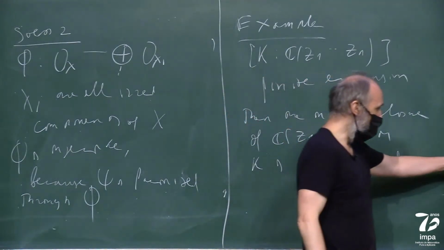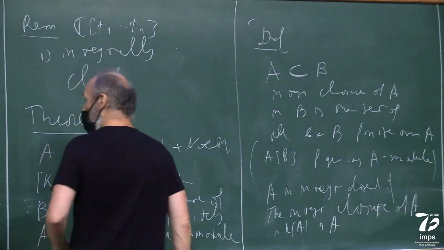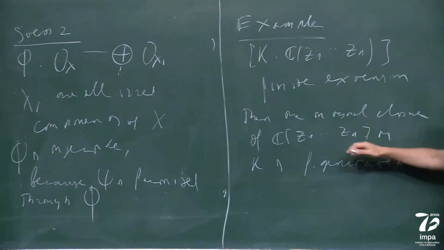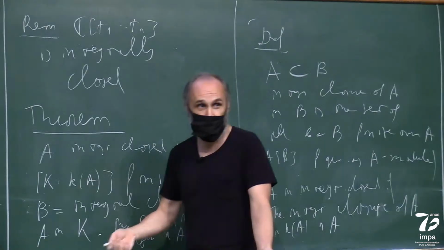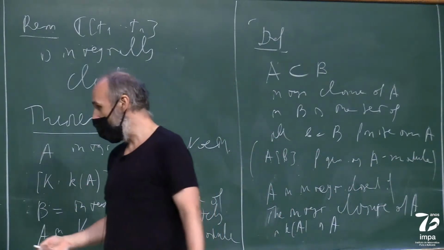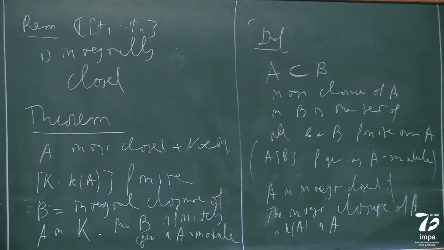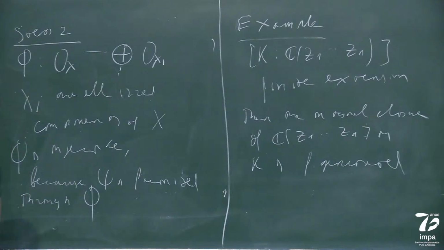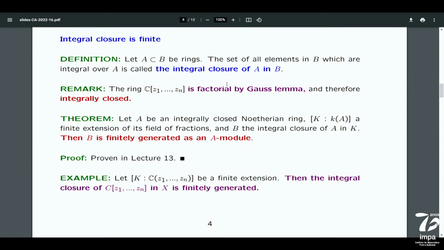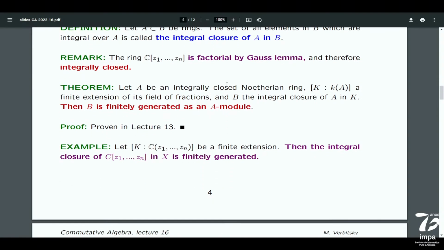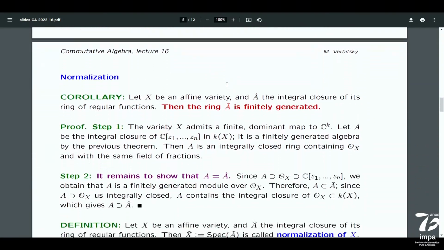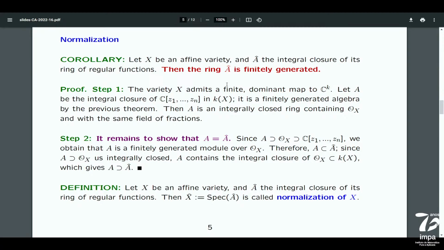We just apply this theorem using that polynomials are integrally closed, and then you have a finite extension, and it will be finitely generated by this theorem. So this is the main example when you can apply this theorem. Well, main for algebraic geometry. For number theory, the rings of integers are more important.